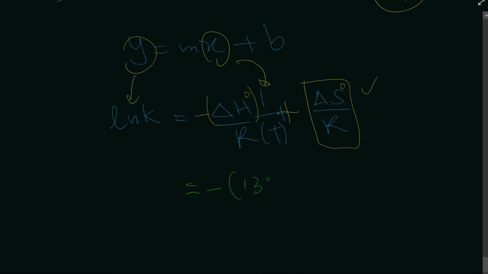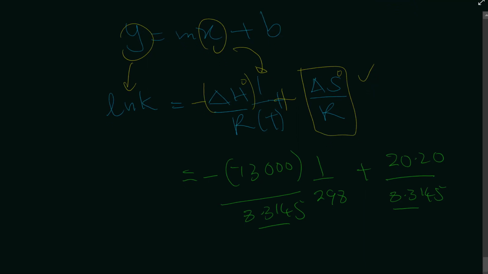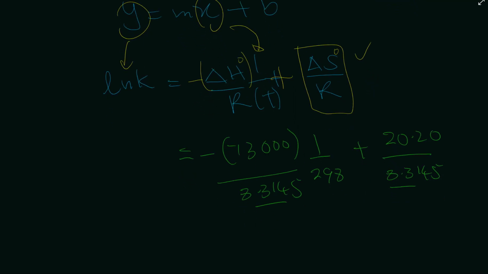Solve these little things then and there, then bring it here, right? So joules per mole and 298 Kelvin, 8.3145 are constants, and within the brackets, the intercept is 20 divided by 8.3145. You can actually get the R out. That's another way.